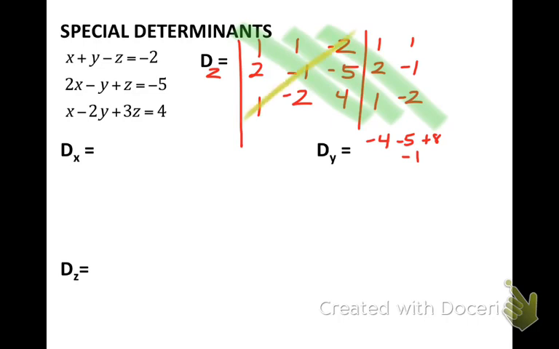Lower left gets me, I'm not really describing this very well, I'm assuming you guys are okay with this. So we got 2, plus 10, and plus 8, which would be 20. So negative 1 minus 20 is negative 21.